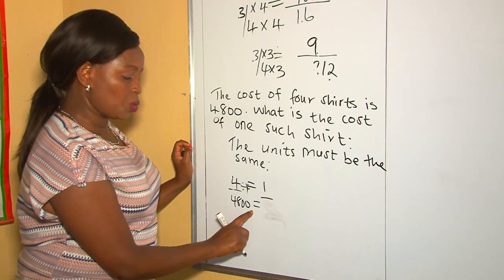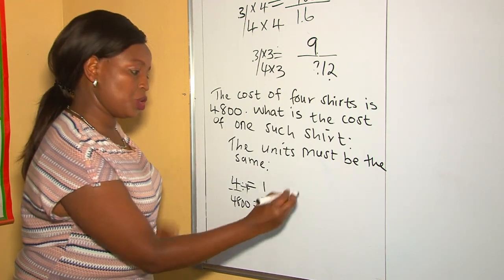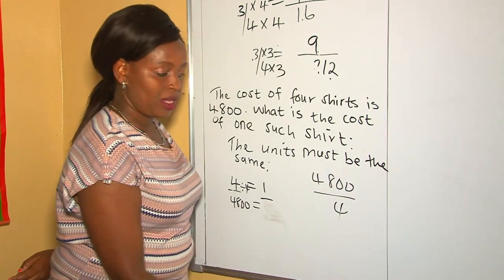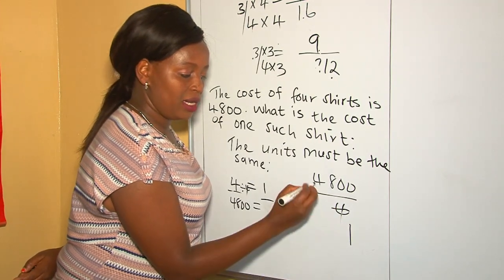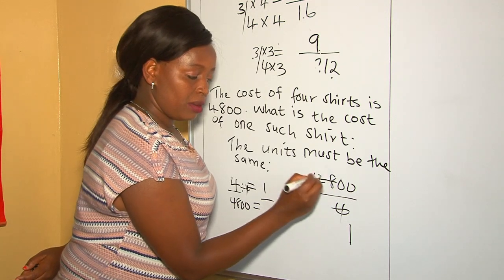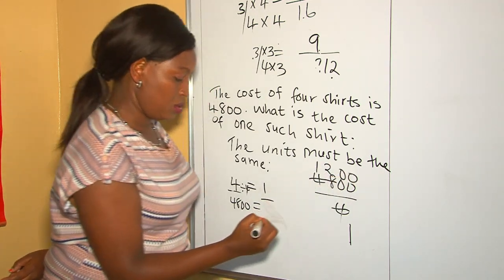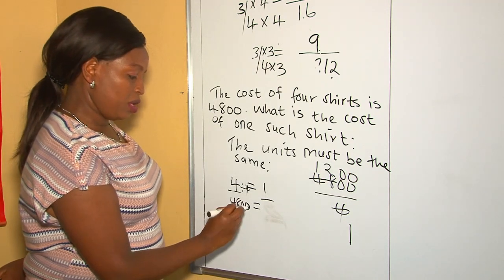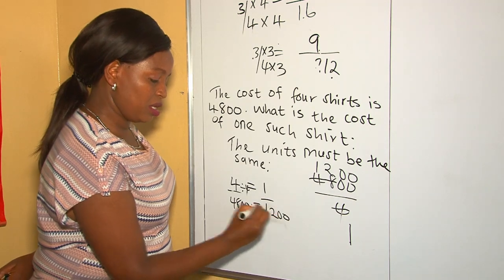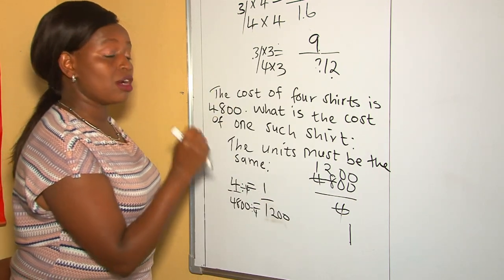Therefore, this one must also be divided by 4 to get our equivalent fraction. 4,800 divided by 4 is 1,200, and 4 divided by 4 is 1.